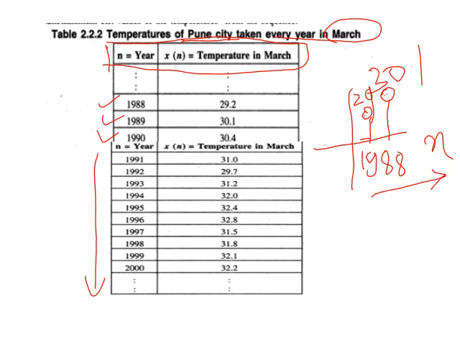Directly we move to 1989, again in the month of March, 30.1. Between these two values of n there is no month, meaning we are only giving importance to the month of March. So this is the concept of a discrete time signal.